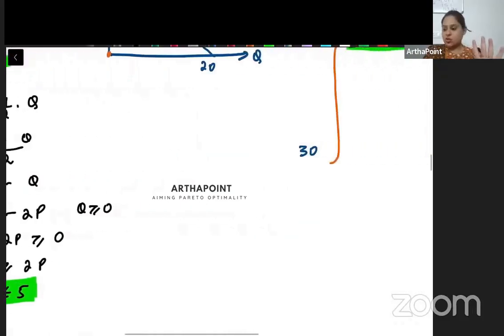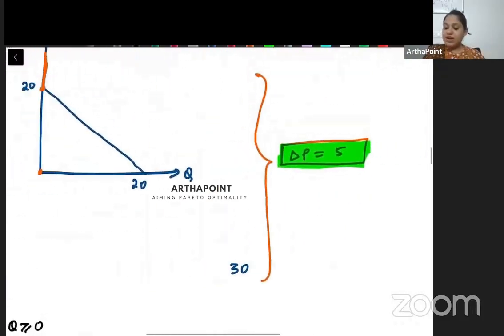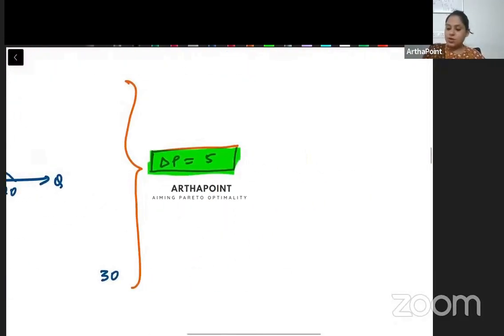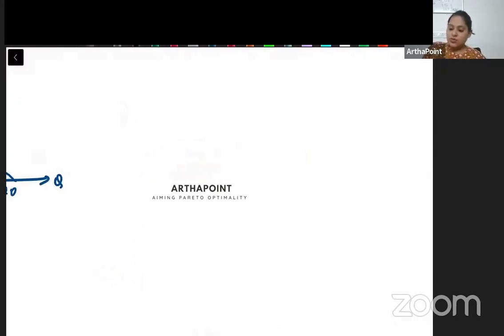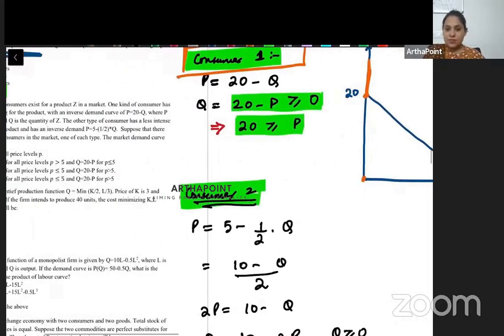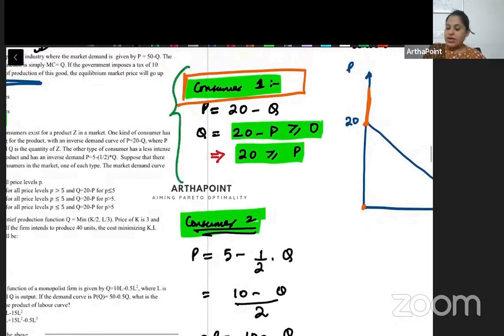अब थोड़ा समझ लेते हैं इन दोनों को एक साथ. So we have built two consumers. We have got two consumers. One consumer, consumer 1, he buys as long as price is less than 20. अगर price 20 के नीचे है, then he will purchase. How much will he purchase?